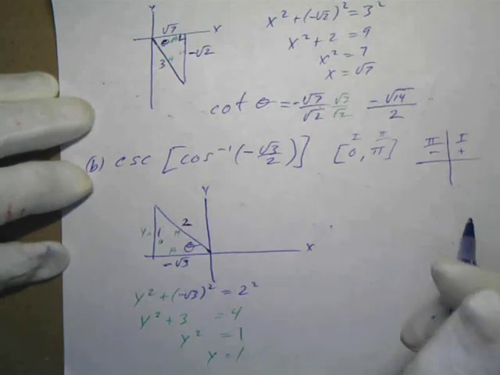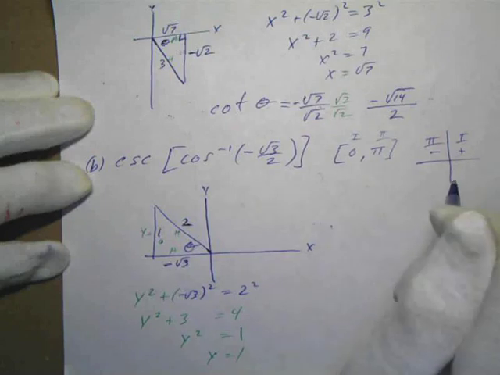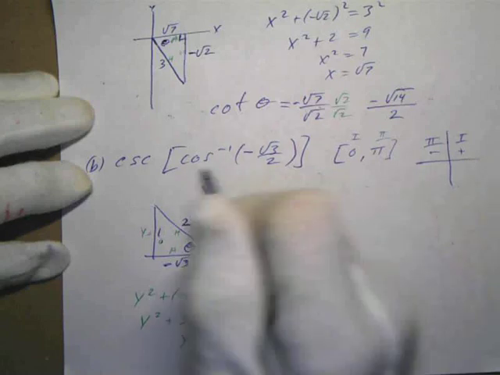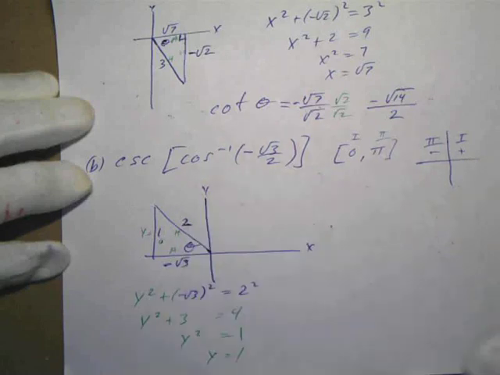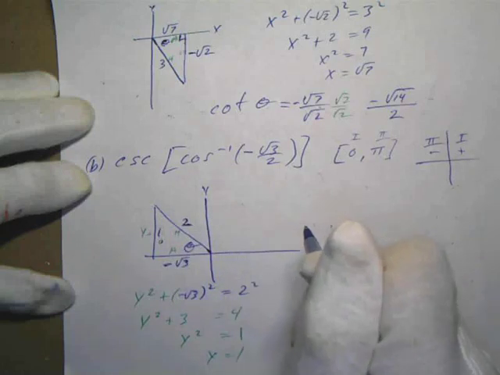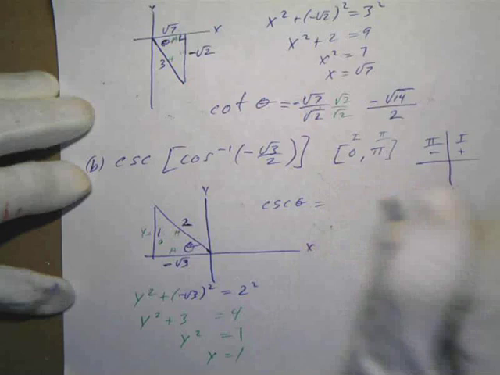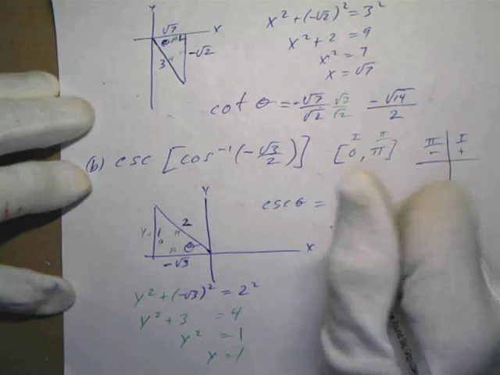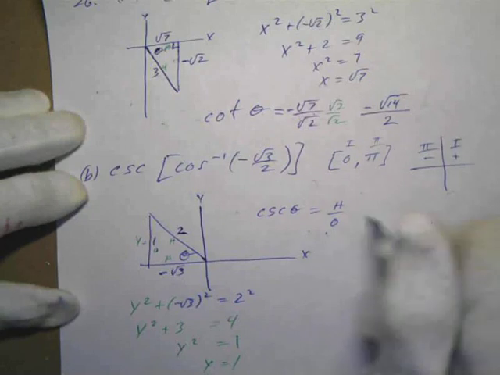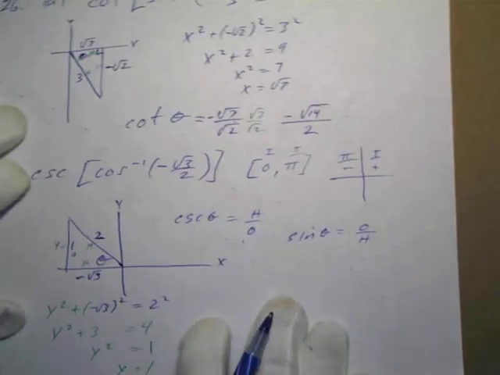Okay. So the cosecant is 1 over the sine. The sine is the opposite over the hypotenuse, so the cosecant is hypotenuse over opposite. That's how I remember it. Because the sine is the opposite over hypotenuse, right?